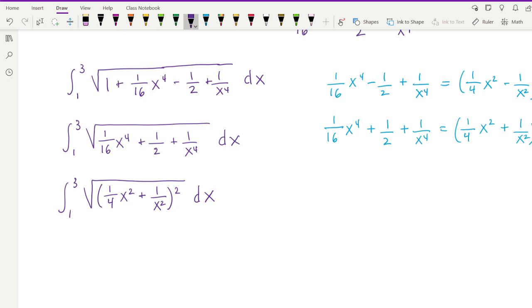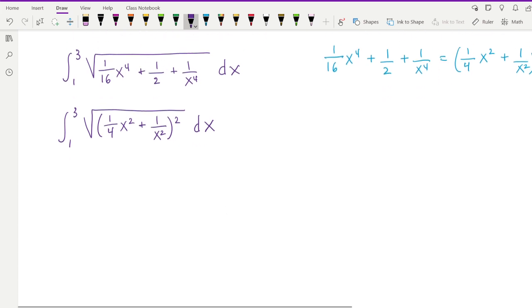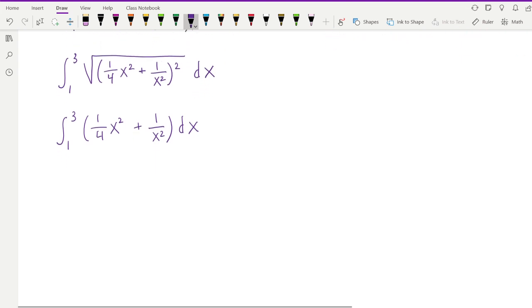And so now we're taking the square root of something squared, and so the square and the square root will cancel out, and we're left with the integral from 1 to 3 of just 1/4 x squared plus 1 over x squared, which is actually going to be pretty straightforward to integrate, right? So let's rewrite it as the integral from 1 to 3 of 1/4 x squared plus x to the negative 2.